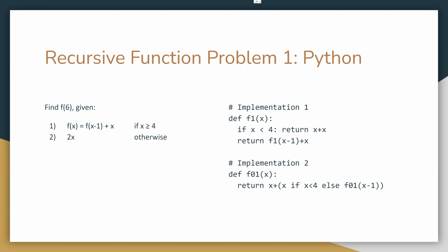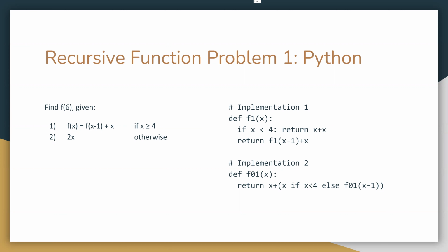So I evaluate x against 4 first. If it's smaller than 4, I'll return 2x. Otherwise, I'll make the recursive call to this function again with x minus 1 and then plus x.